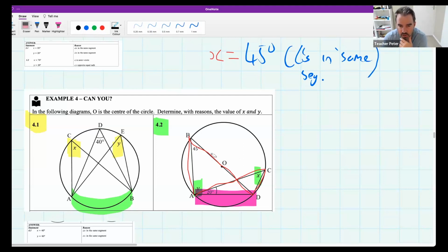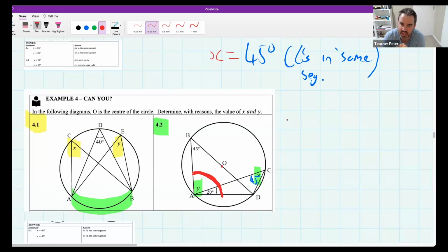And then the last question for tonight is y. How do we get y? I'm thinking back to the last lesson, or maybe the lesson before. There's something special about this big red angle. What does this angle have to be? I noticed that this is a center point. So this has to be a right angle.